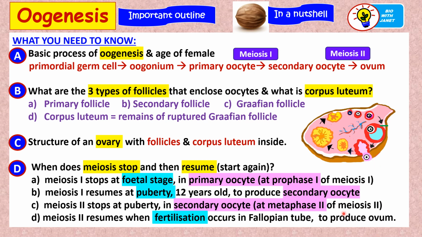Meiosis 2 only resumes when fertilization occurs in the fallopian tube, that is, if a sperm penetrates the secondary oocyte. Then meiosis 2 resumes and is completed, and finally the ovum is produced, just before the fertilization process whereby the nucleus of the sperm fuses with the nucleus of the ovum.